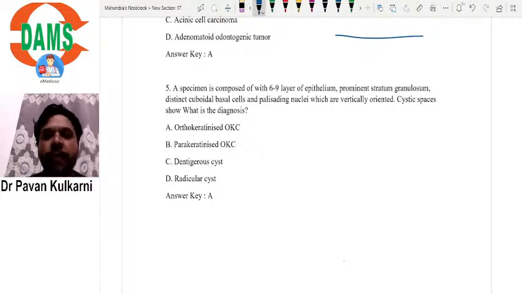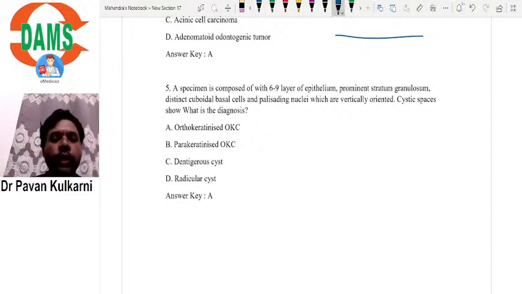What is PLGA? It is again a low grade salivary gland malignancy, that is polymorphous low grade adenocarcinoma. Even PLGA also shows perineural invasion. Okay, is it clear?